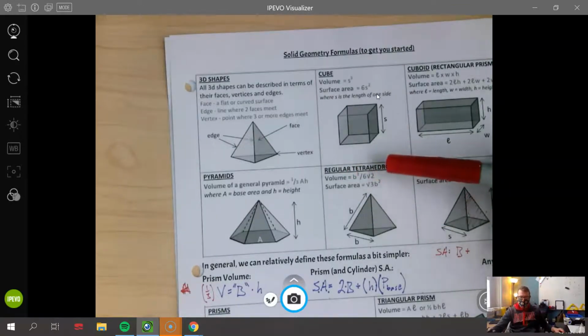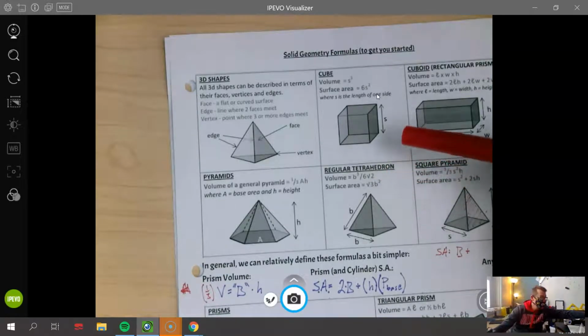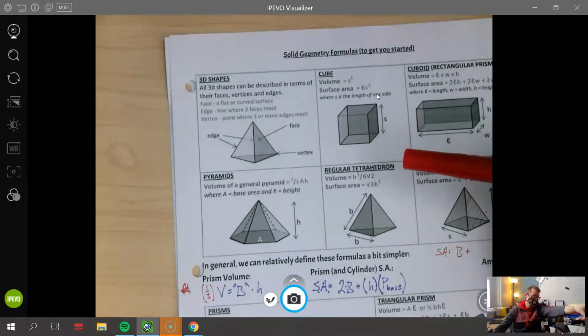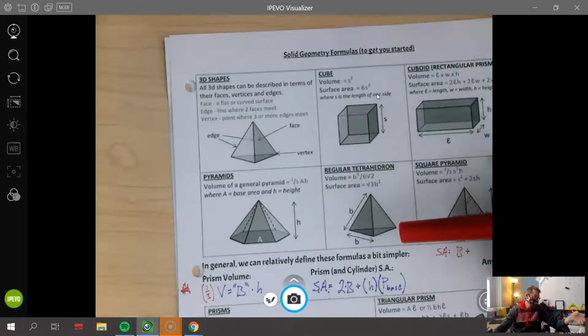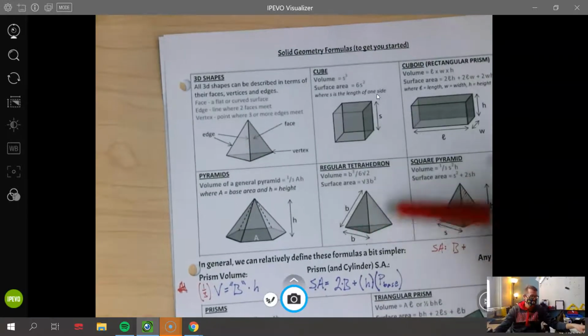What's a regular tetrahedron? This is not a regular tetrahedron. Yeah, every face is identical.